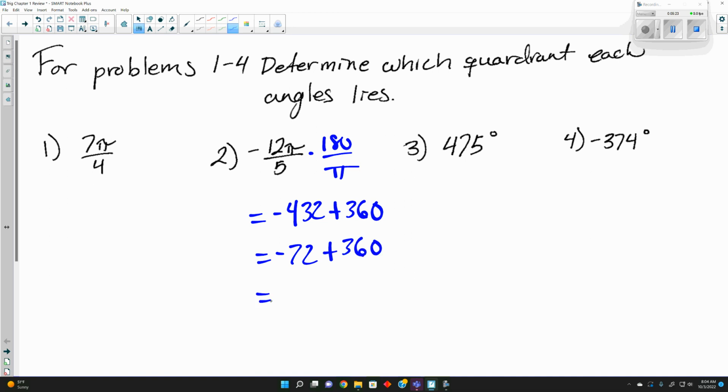Do it again, and get 288. Or really, if we at least get to between 0 and 360 or 0 and negative 360, you could think of it that way, because straight down would be negative 90, straight across is negative 180, straight up would be negative 270, then back over is negative 360. But for the most part, just adding another 360 is not that hard.